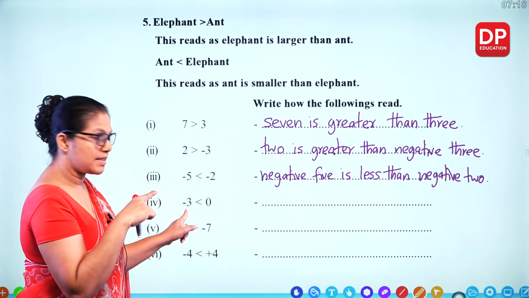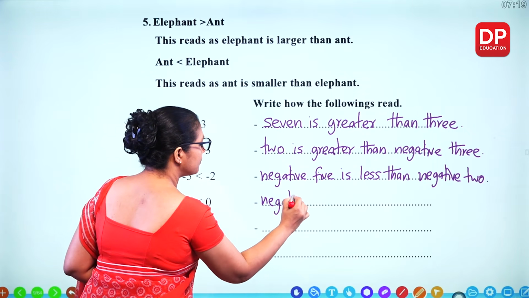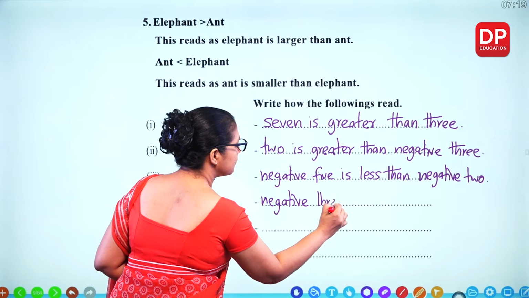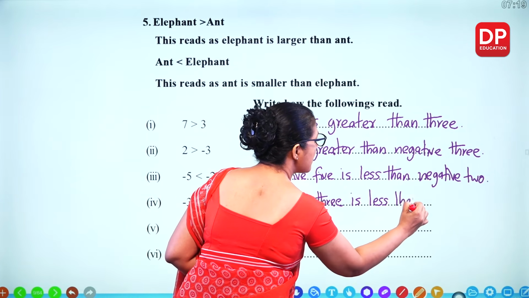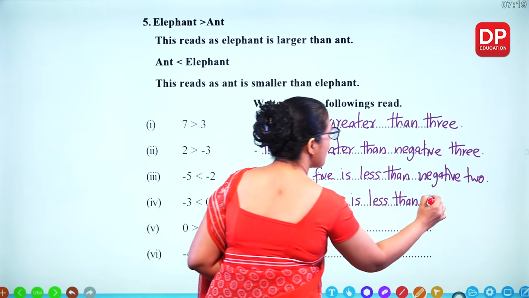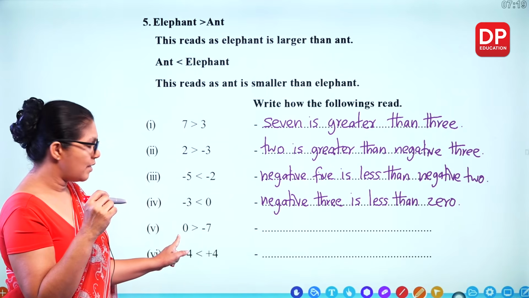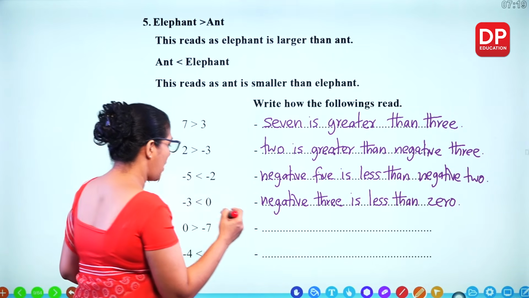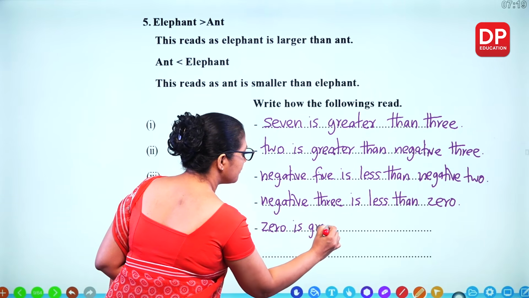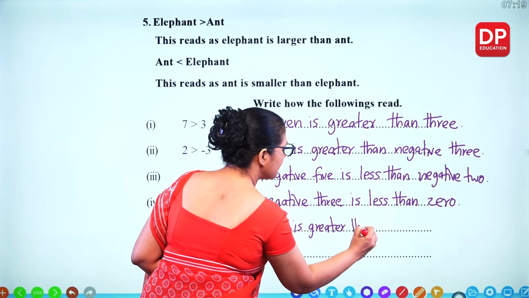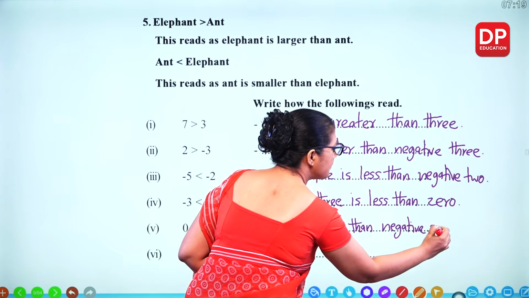This one, negative 3 is less than 0. This statement, 0 is greater than minus or negative 7.